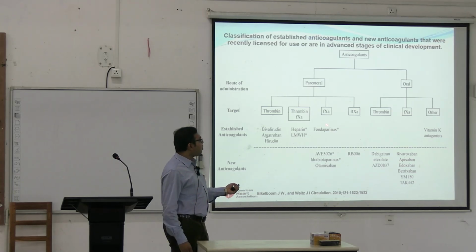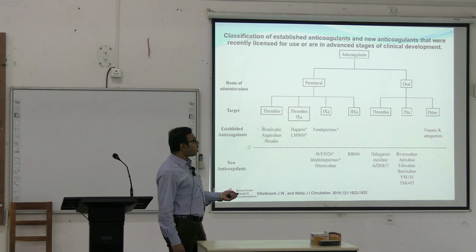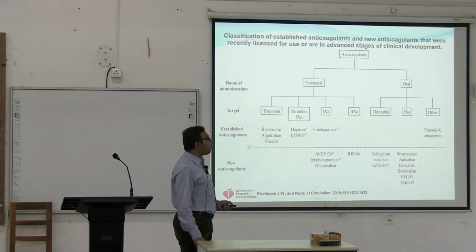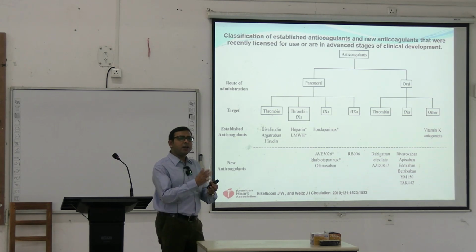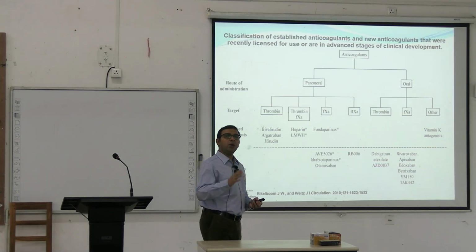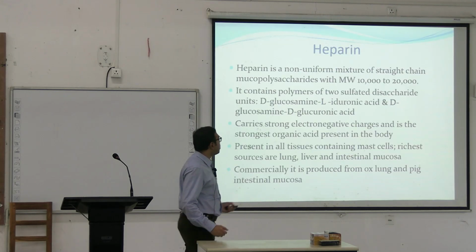Fondaparinux only targets factor 10. Among the oral ones, thrombin is targeted by dabigatran, factor 10 is targeted by rivaroxaban, apixaban, edoxaban, and there are others like vitamin K antagonists. So there are different targets, and accordingly we can use the anticoagulants in different situations and scenarios.